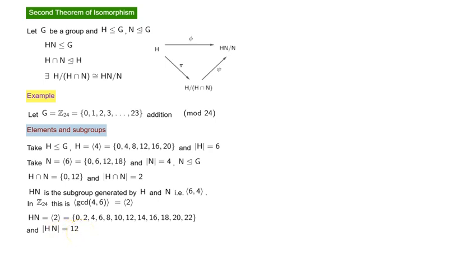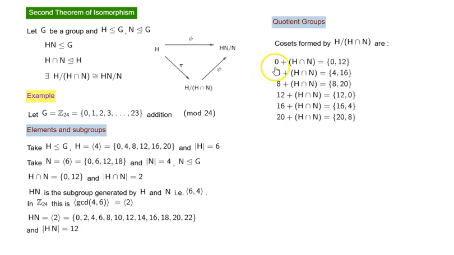Now let's form the quotient groups. Cosets formed by H intersection N are these. So 0 plus 0, 0, 0 plus 12, 12.